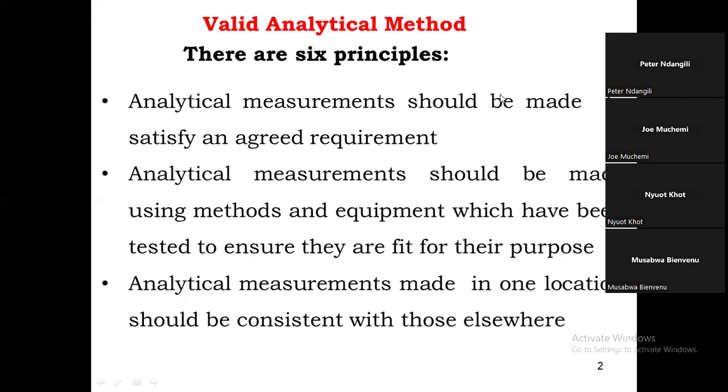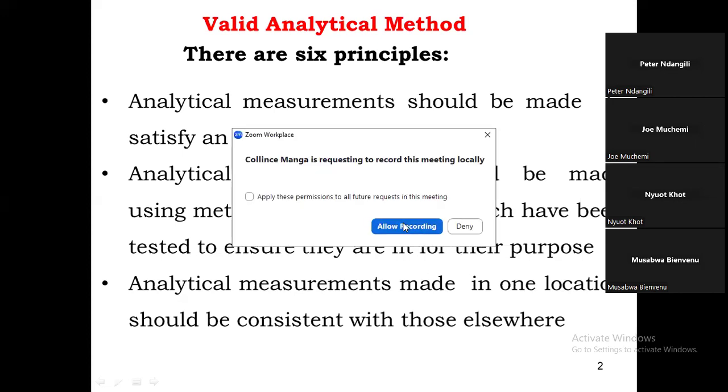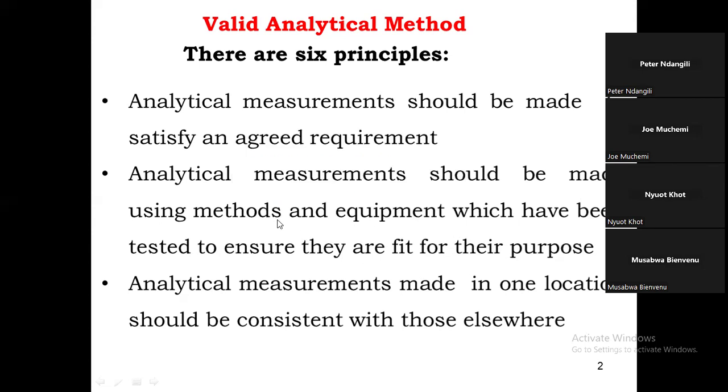That's number 1. And number 2, analytical measurements should be made using methods and equipment that have been tested to ensure that they are fit for the purpose of the measurement.